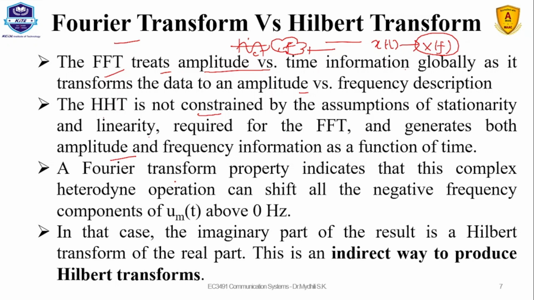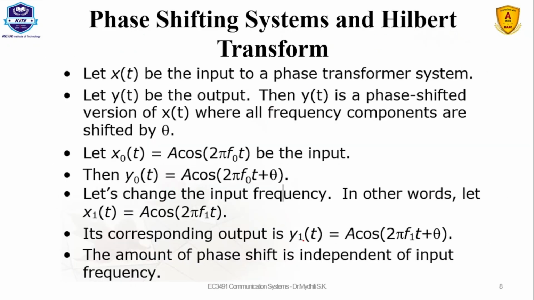The Fourier transform property indicates that this complex heterodyne operation can shift all the negative frequency components of x of t above 0 Hz. In that case, the imaginary part of the result is a Hilbert transform of the real part. So this is an indirect way to produce the Hilbert transformation. We will see clearly here how the phase shifting happens.